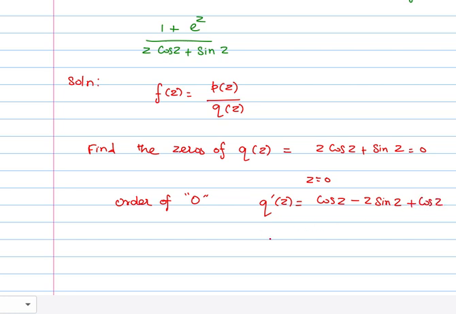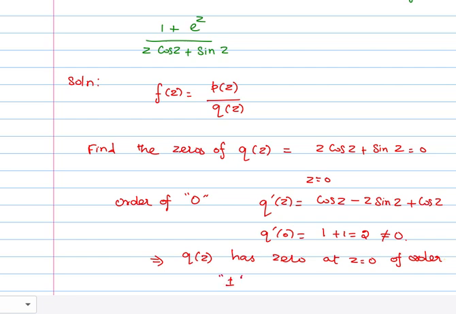Whenever I put q prime of 0, this is 1 plus 1, which is 2, not equal to 0. So this implies q of z has a zero at z equal to 0 of order 1.